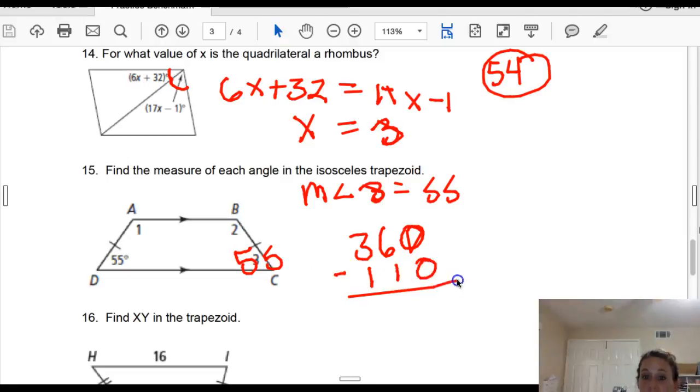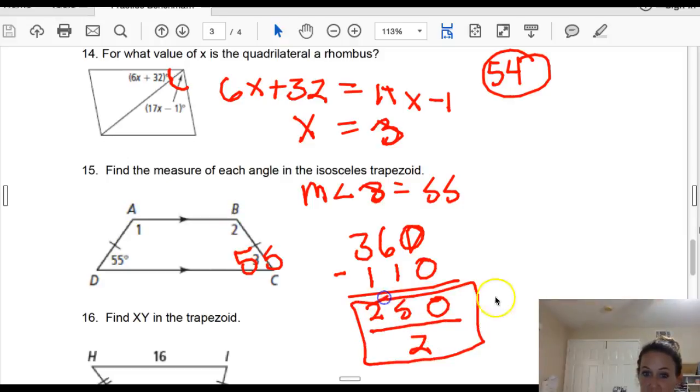If I subtract off these two base angles, I'm going to get 250 left. Well, that's what I have left for these two angles. Since they're congruent, because this is an isosceles trapezoid, I just take 250 and divide it by 2. Well, 250 divided by 2 equals 125. So I know this is 125, and I know this is 125.